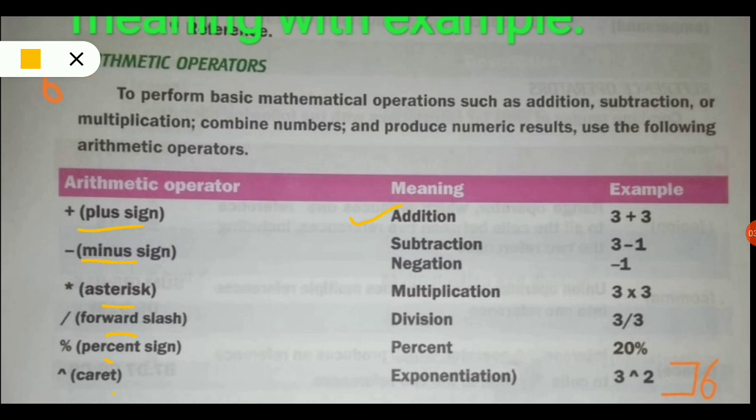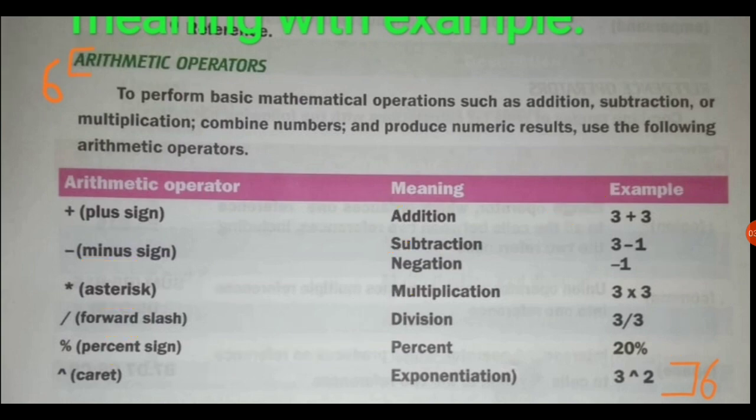Plus sign does the addition, minus subtraction or negation, asterisk multiplication, forward slash division, percentage sign is used to do percentage calculations, and caret does the exponentiation. Here for addition you can use any numbers, 5 plus 6, any numbers. Similarly for all these you can give any example.